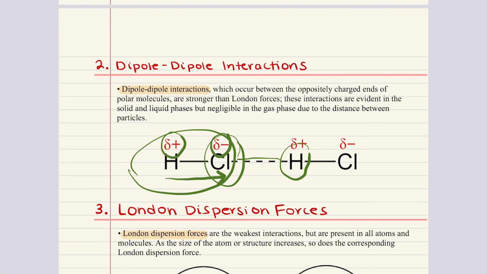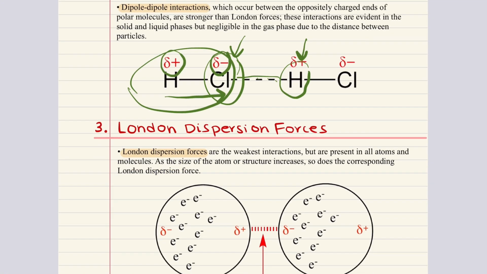Notice that this is not a hydrogen bond because this hydrogen is interacting with a chlorine. And we specifically defined hydrogen bonding to be a hydrogen interacting with either a nitrogen, oxygen, or fluorine. So this right here is a dipole-dipole interaction. Forces occur between polar molecules where there is a permanent dipole moment.